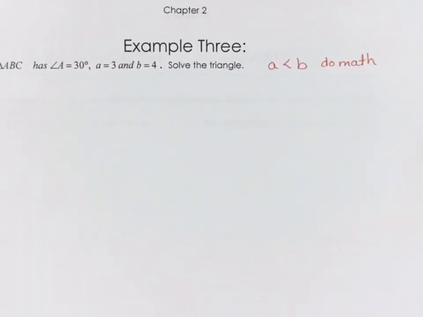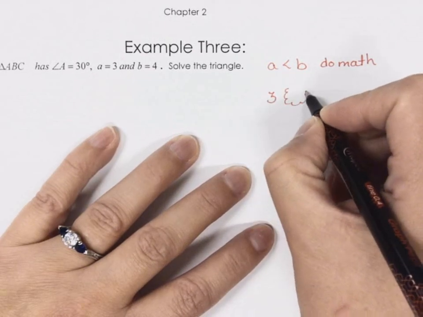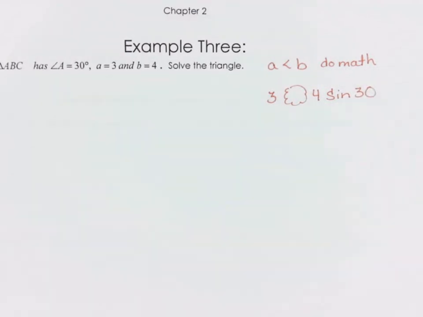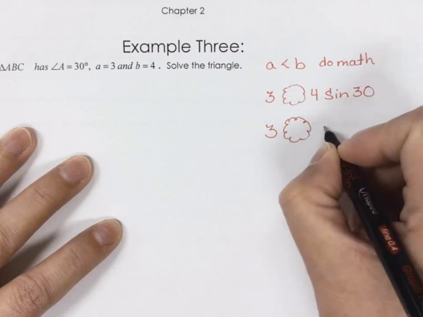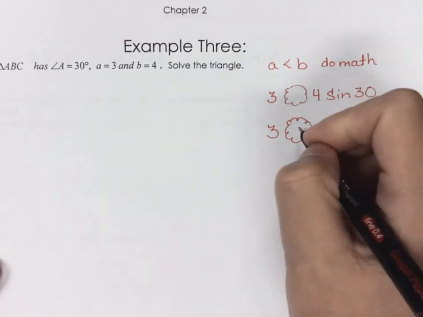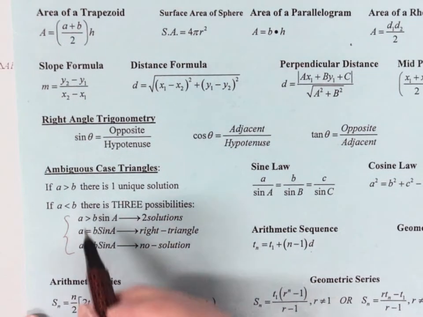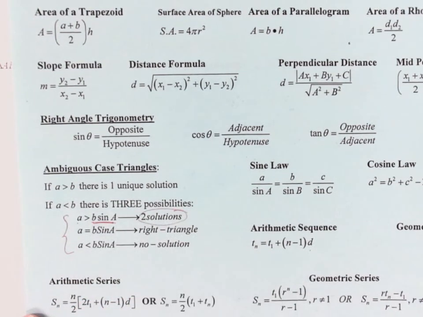So we're going to have 3 fluffy cloud, 4 times sine 30. So 3 fluffy cloud equals 2. So is 3 greater, less than, or equal to 2? Hopefully it's greater than. So if I go back to my rules on my formula sheet, if A is greater than B times sine A, we're back to our 2 solutions.